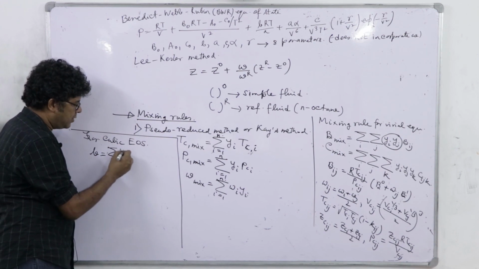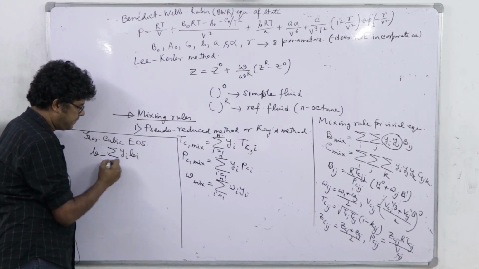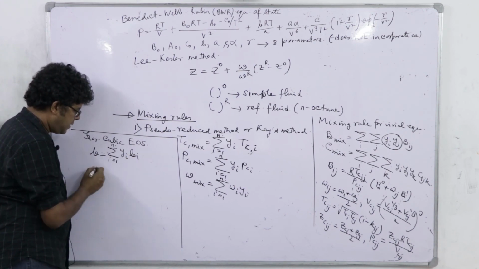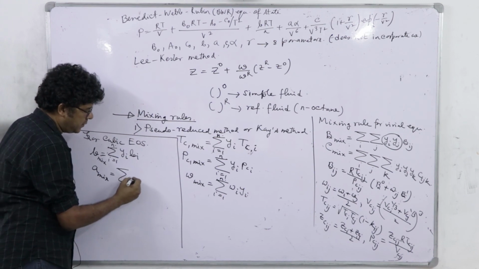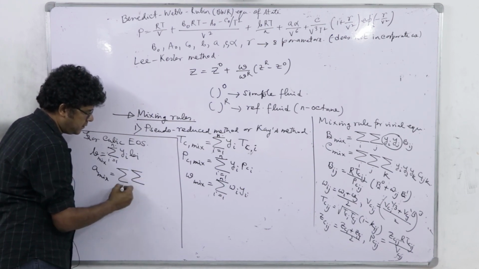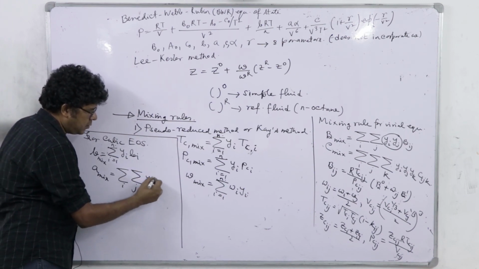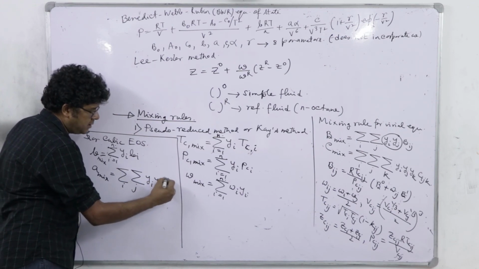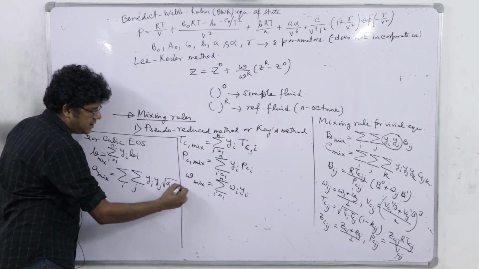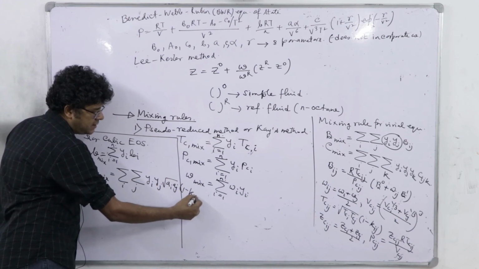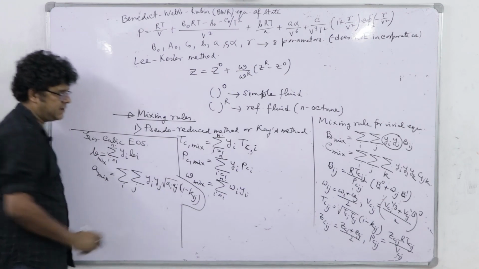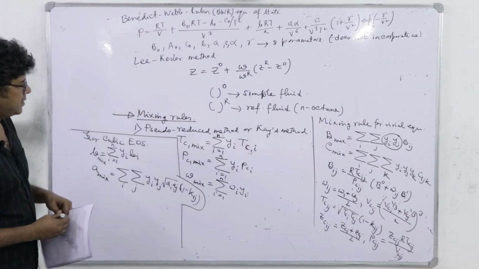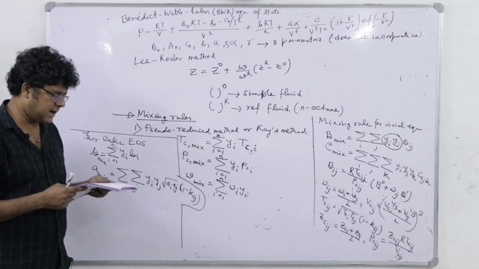So, B is equal to summation of yi bi, and this is B mix, and A mix will be equal to the summation i summation j yi yj into under root of ai aj, again (1 minus kij), the same binary interaction parameter we have encountered previously in the virial equation.